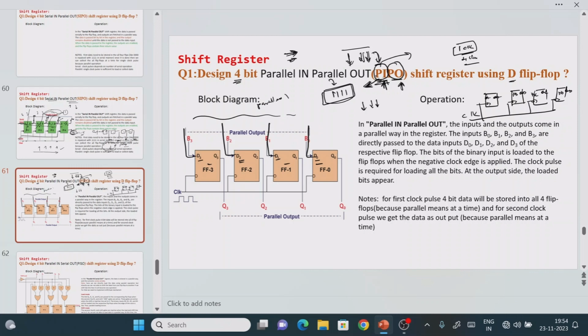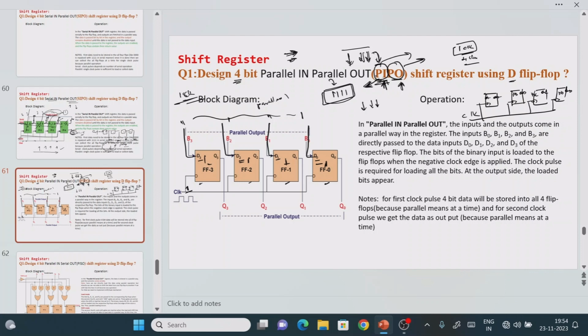It means if you apply a single clock pulse, what will happen? The moment you apply clock pulse equal to 1, all of these will be activated. Now what data are you trying to give? 1 1 1 1, right? So parallel means at a time, all 4 ones will be stored here. Try to understand: for a single clock pulse, everything will be stored here.